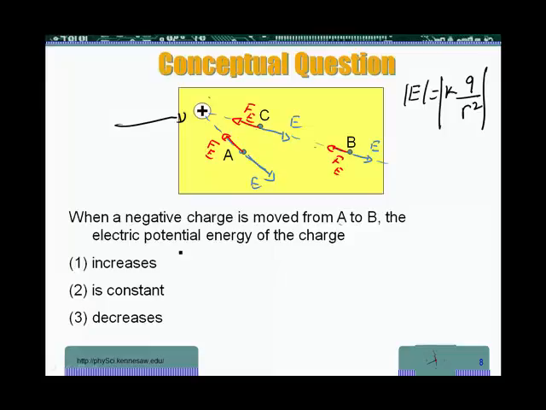Okay, now our displacement is going to be from A to B. This is my displacement. And the work done by the force F is going to be F times the displacement times cosine of theta.